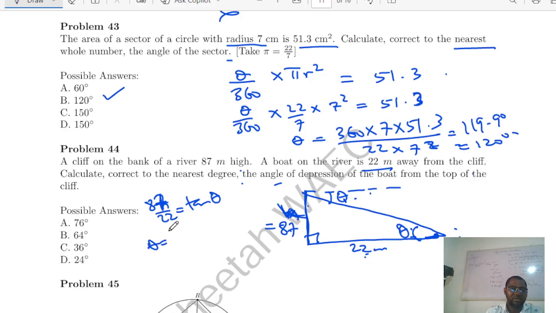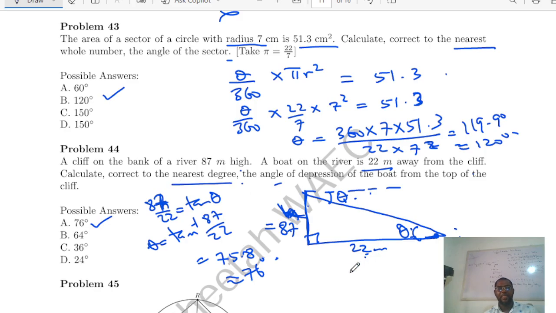So theta is going to be tan inverse of 87 over 22. Let me do that quickly. That is 75.8, which is approximately 76 degrees to the nearest degree. So we approximate it to be a whole number.